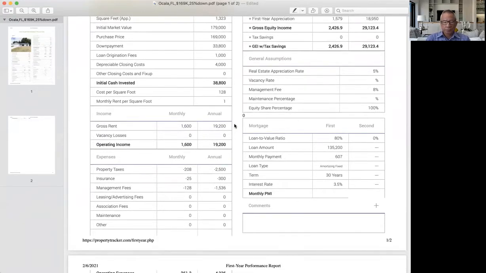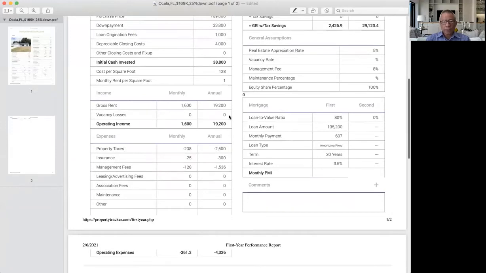All right. And then we're not going to put in any vacancy because when you close escrow, we will ensure that the property management will rent the place out before you close escrow. So we're not going to have any vacancy in your situation.